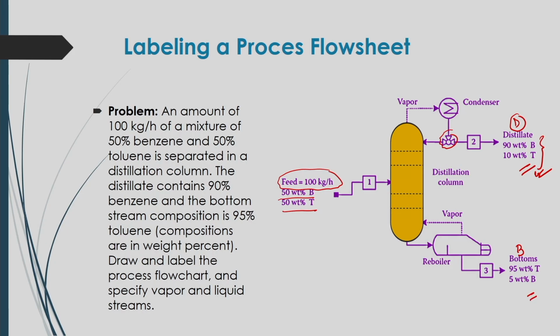So, all these inlet and outlet streams are now known, whether given or not given. If it is given, you have to directly write the exact amount given, and if it is not given, then you have to define those unknown variables, and from the material balance you can find out what the unknown variables will be.